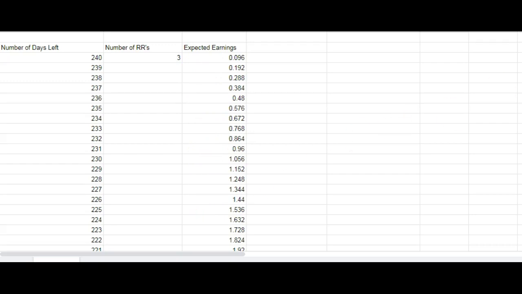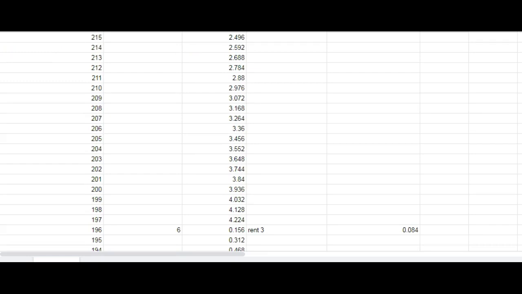Okay, so what you want to do instead is just to keep going, and be patient. Keep going, keep going, keep going until you have at least $4.14 in your account again. And at that point, you can rent another 3 referrals. Now, as I said, I have done the calculations here. So at that point, you should have around $4.22 in your account.